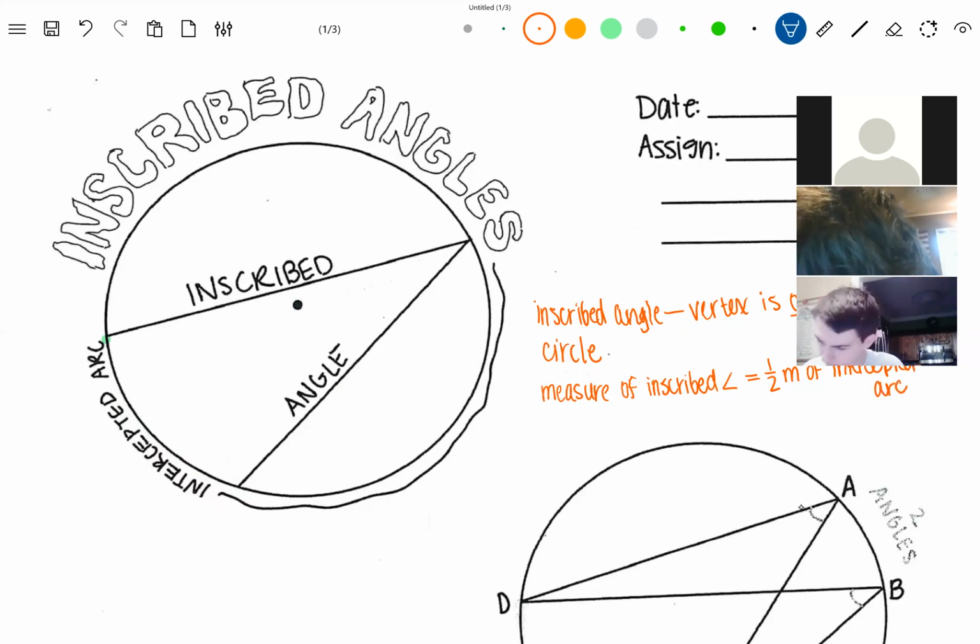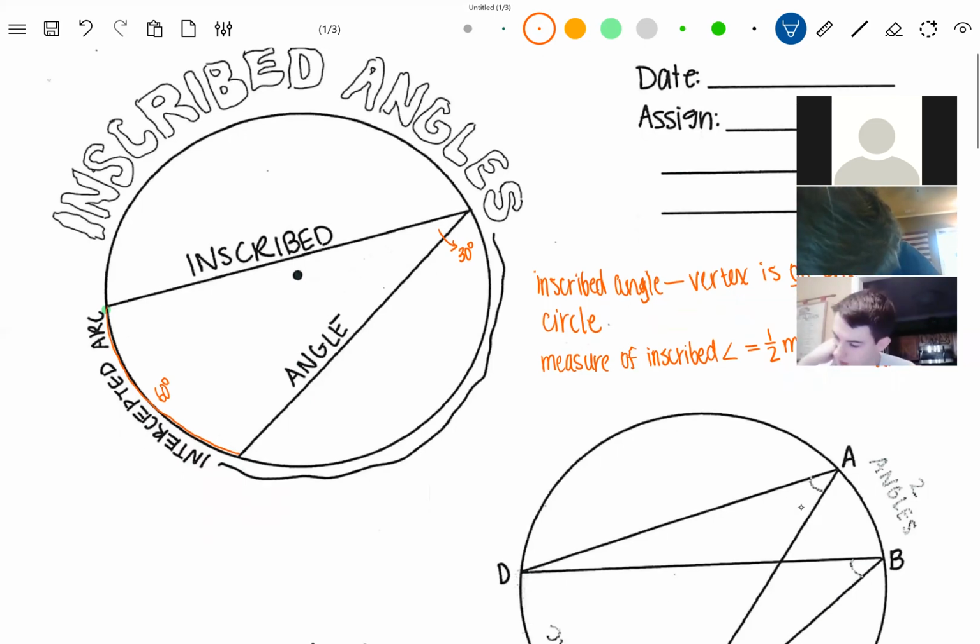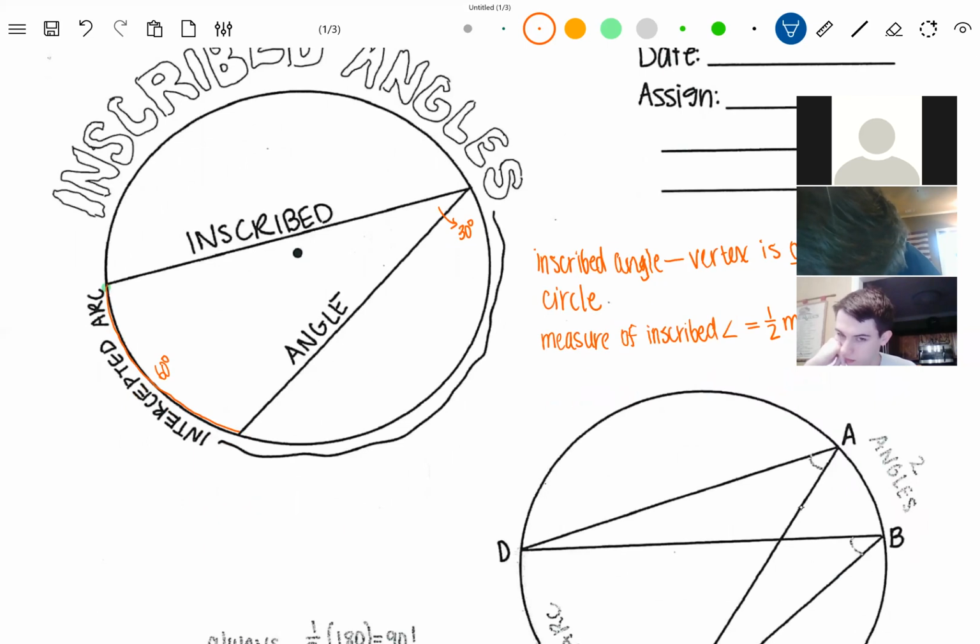For example, if this arc right here measured 60 degrees, then this angle would measure 30 degrees. If you know the angle, you double it to get the arc. You know the arc, you halve it to get the angle.